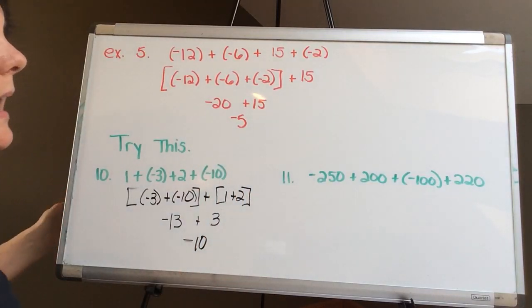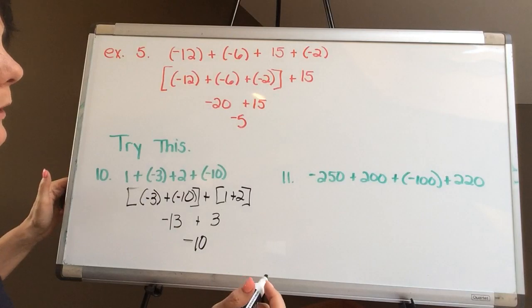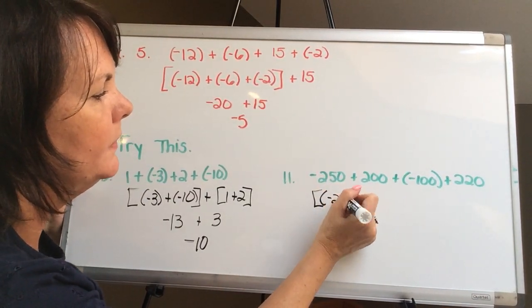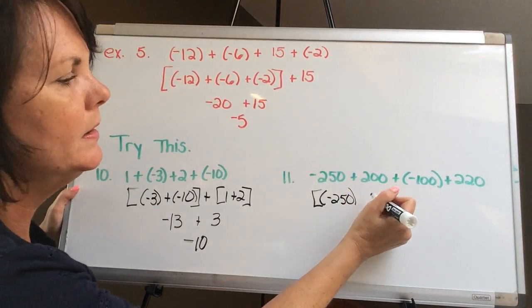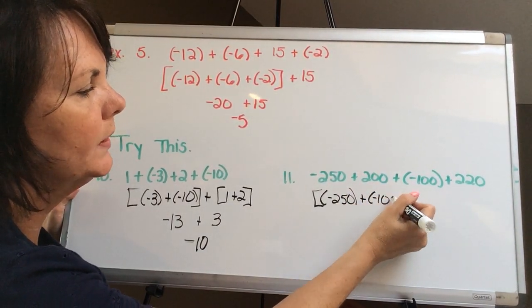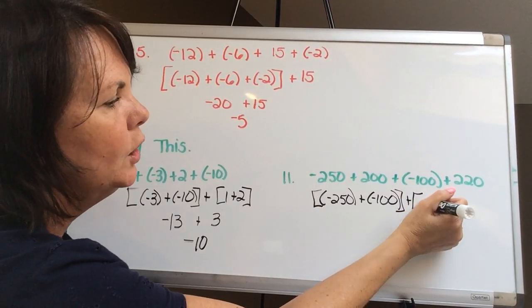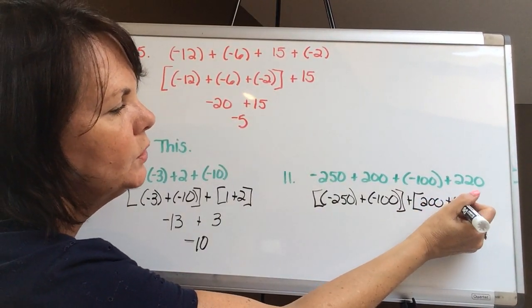Combine all your positives, combine all your negatives, and now you just subtract once and take the sign of the larger number. And finally, now real big numbers here. I'm going to look at regrouping the negative 250 with the negative 100. And then to that, I'm going to add 200 plus 220.